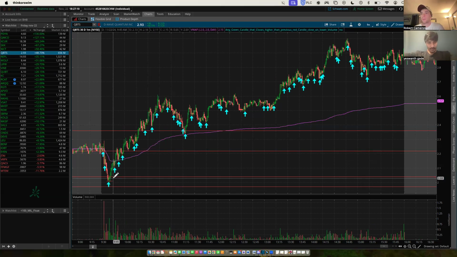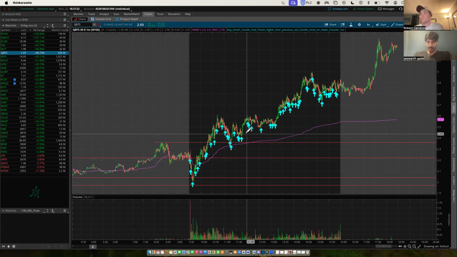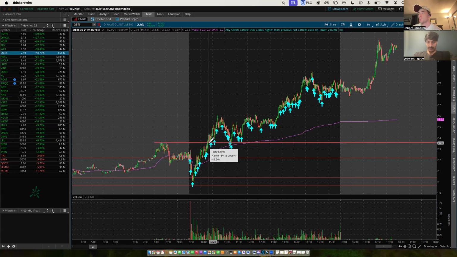You still made like 9%. So even if it came all the way back, you still probably end up a few percent net positive on the day. But leaving that extra 30, 40, 50%, whatever it is, on the table is just more icing on the cake, really.